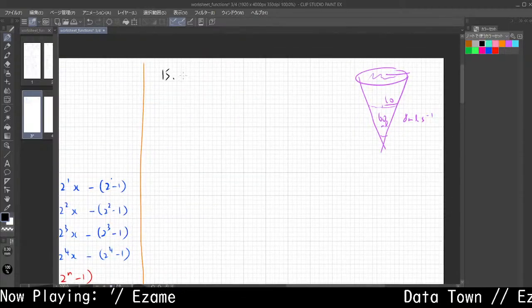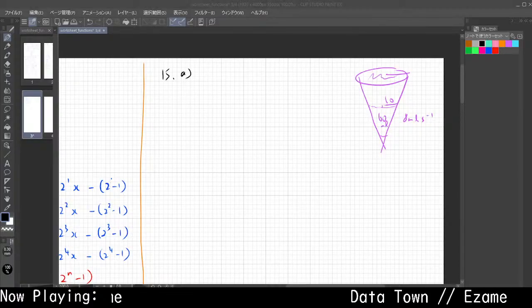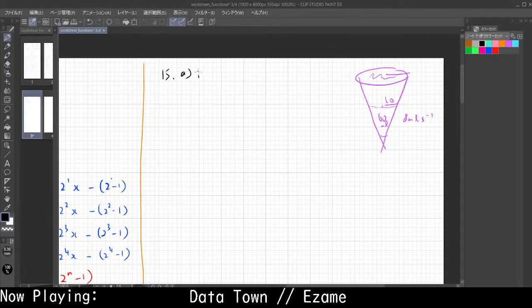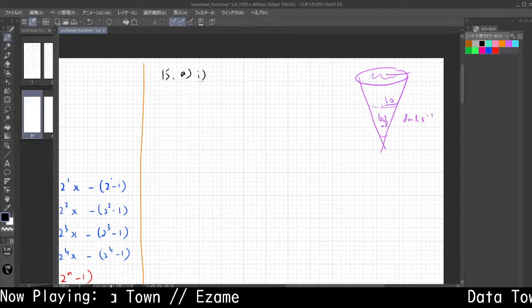So write the formula for the quantity of liquid X, V, in the conical flask after t seconds.